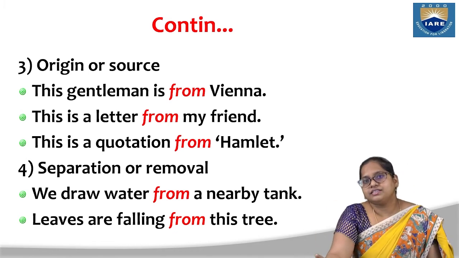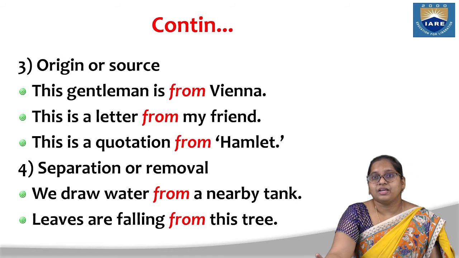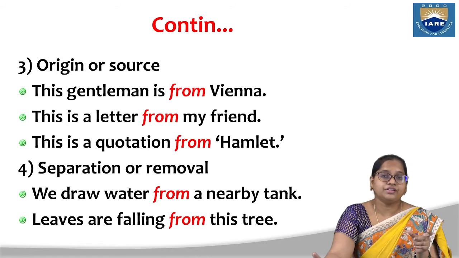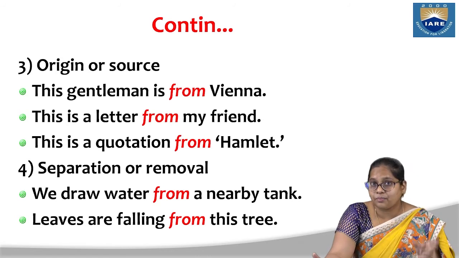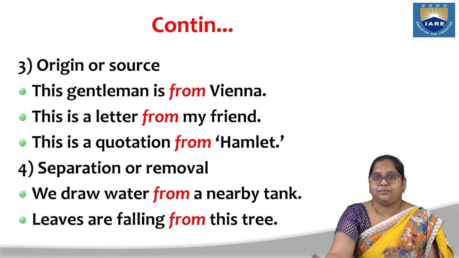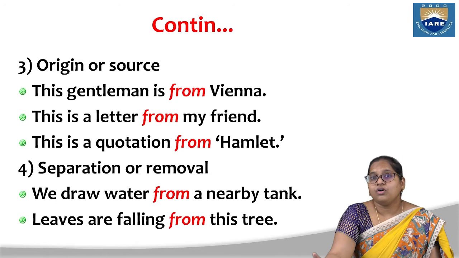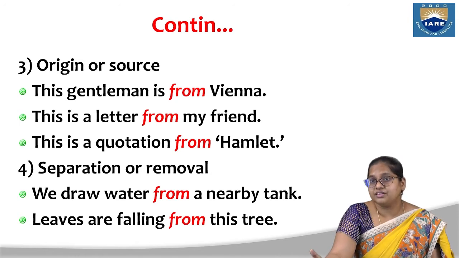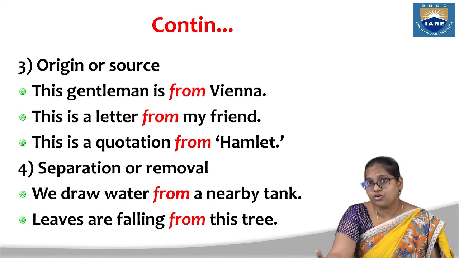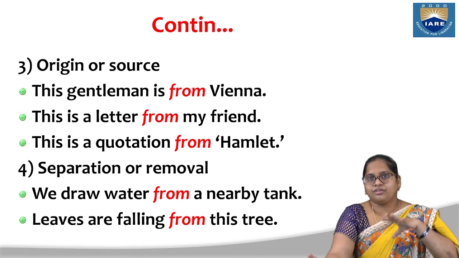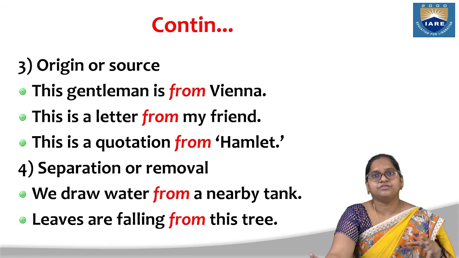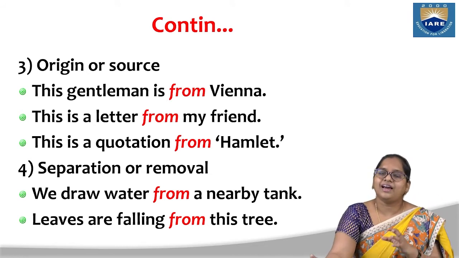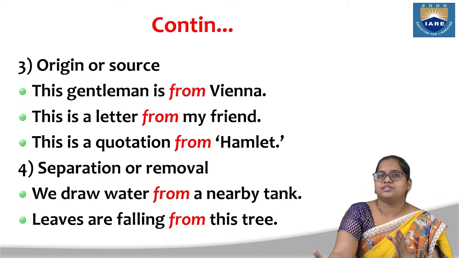Next, another context where you can use from is separation or removal. We draw water from a nearby tank. From where you remove water, from where you draw water, in that context you can use from.